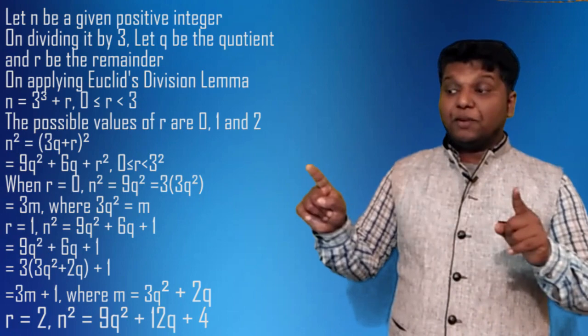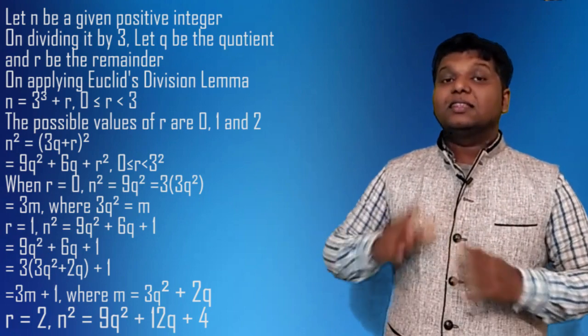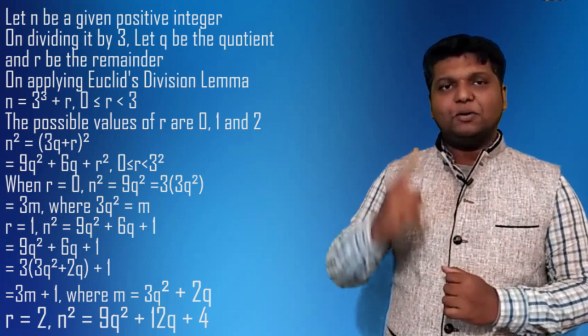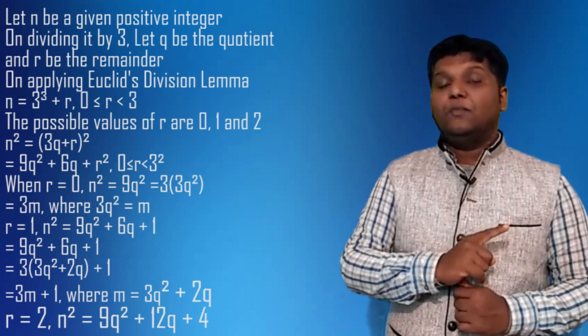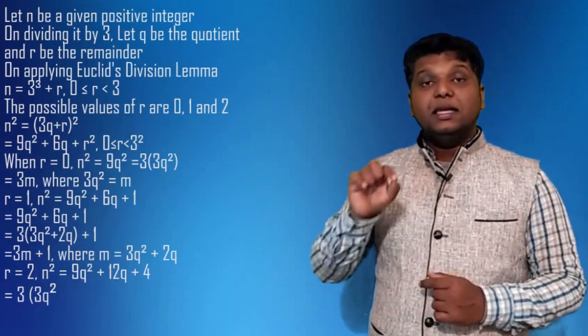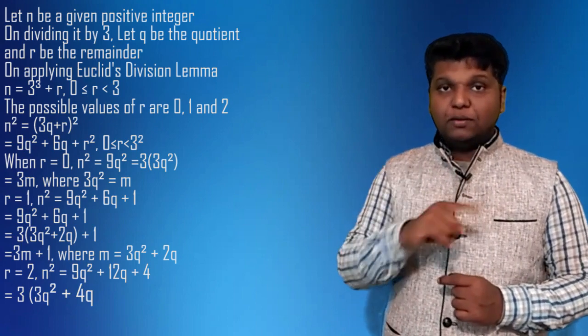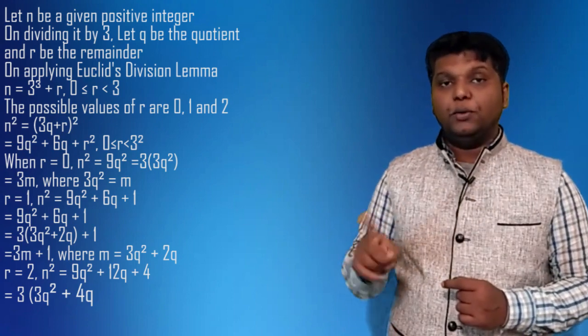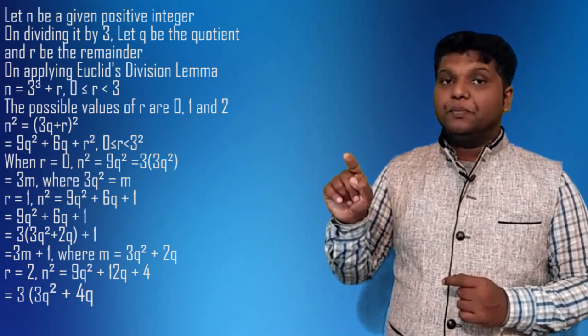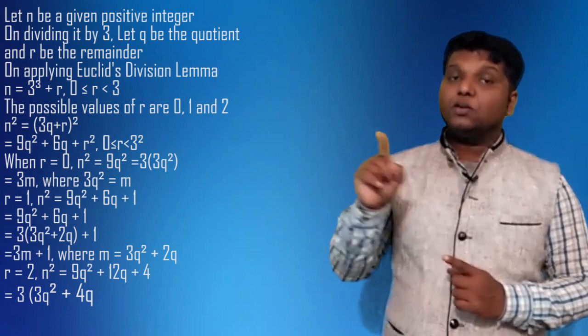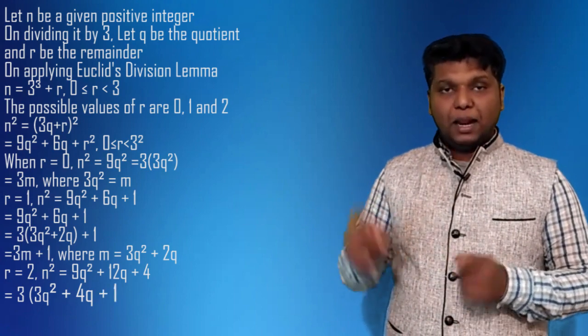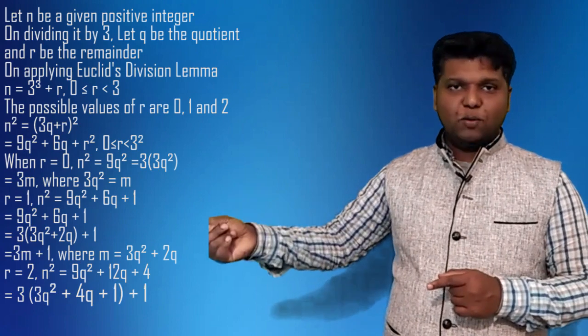Now, from the first 3 terms, 3 is common. If we are taking 3 common, what will happen? 3 into 3q square plus 4q, right? From 12, if you are taking 3 outside, then 4q plus, next term is 3. From this 3, already 3 came outside, so plus 1. Bracket closed, plus 1 more 1 is there.